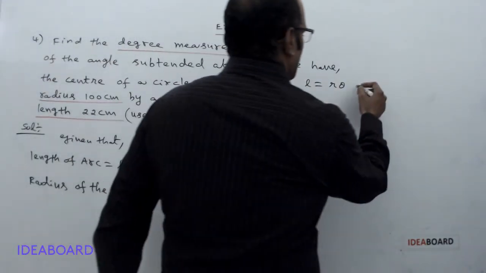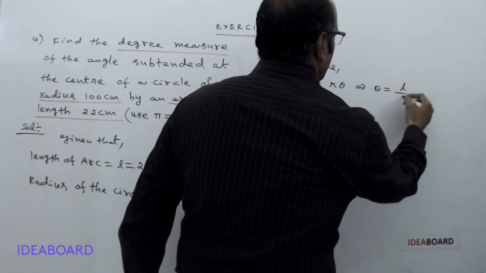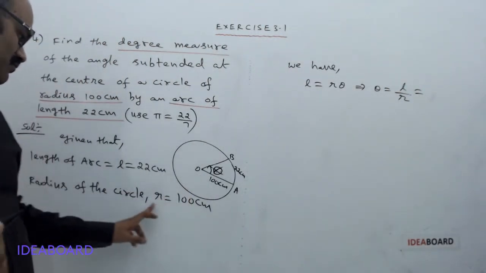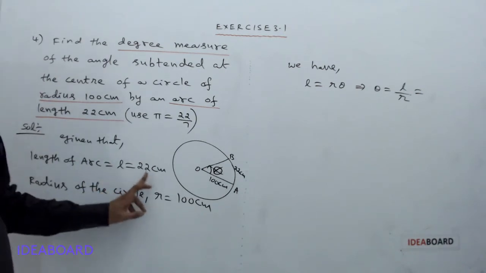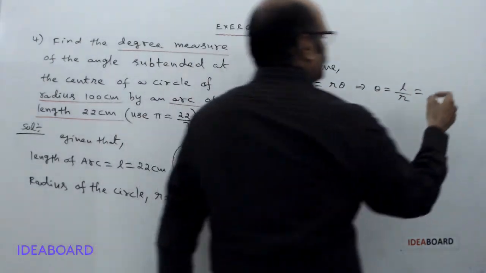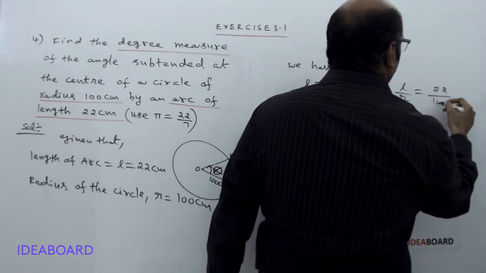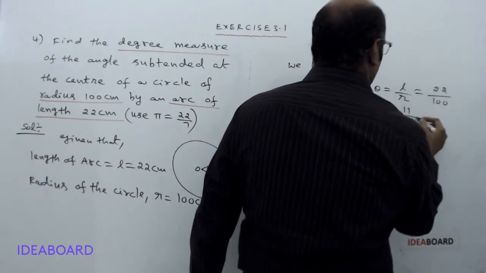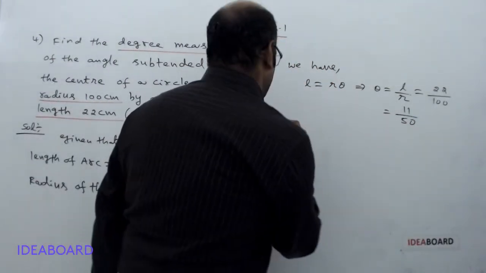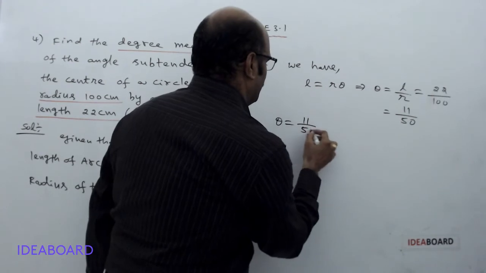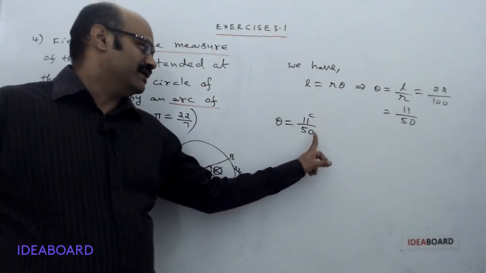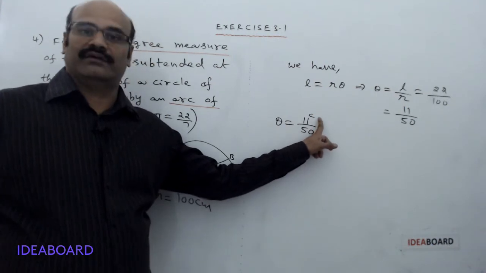Therefore it implies theta equal to L by R, equal to 22 by 100, so equal to 11 by 50 radians.